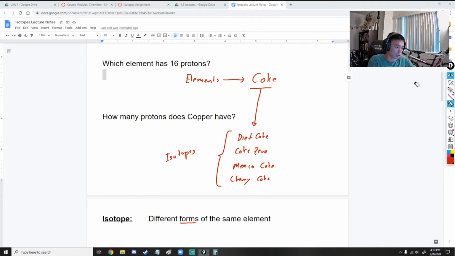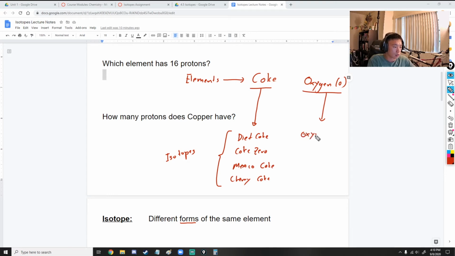If we look on the periodic table, one thing that you are probably familiar with is the element oxygen. Oxygen is on the periodic table. The symbol is O. And for oxygen, there's actually different types of oxygen, and these different types of oxygen are called isotopes.